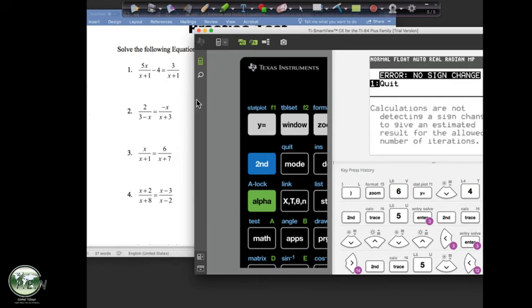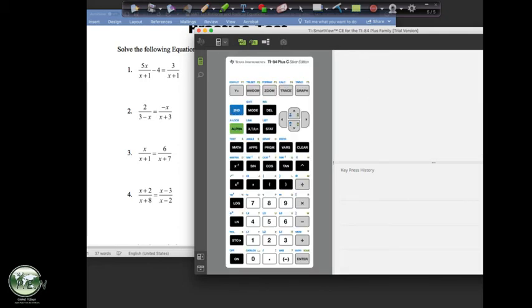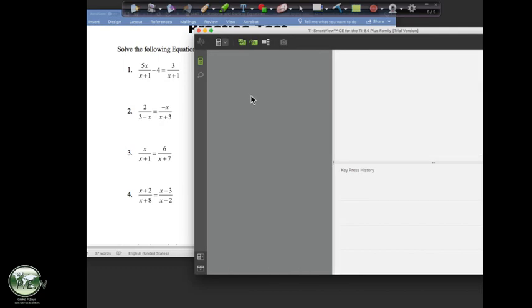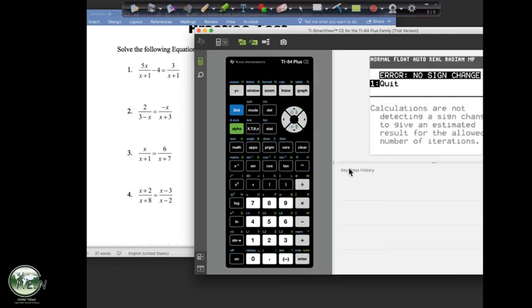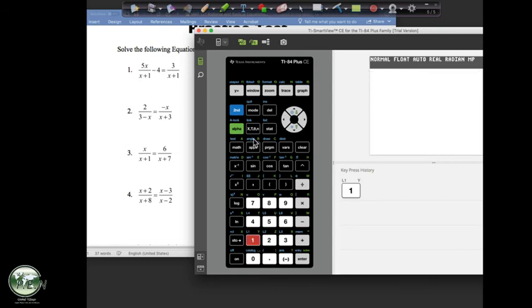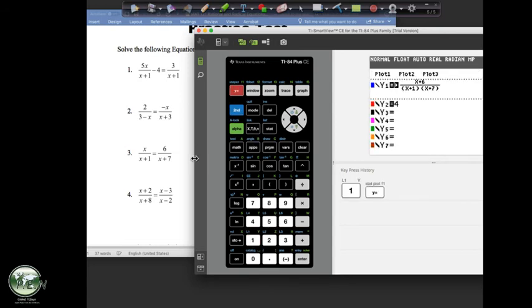The screen's kind of cleared out, so that's going to be fun. So we're going to quit. We're back here.